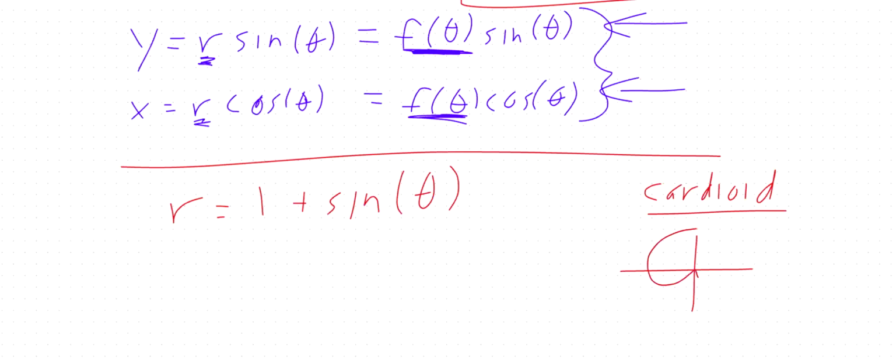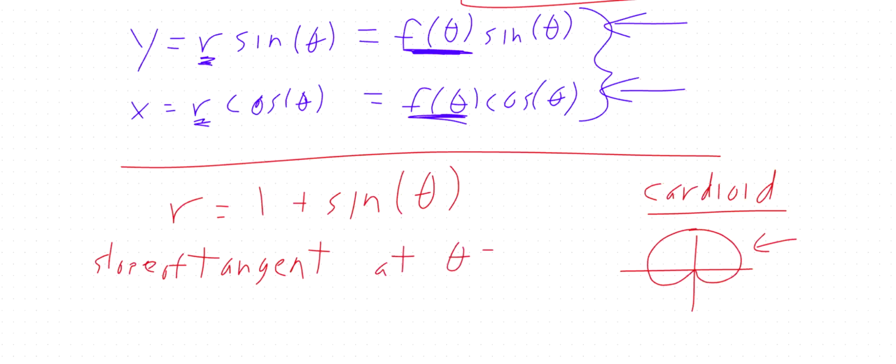You can see where it gets named cardioid because it kind of looks like a heart. This one's an upside down heart. And we want to find the slope of the tangent line at theta equals pi over 3.